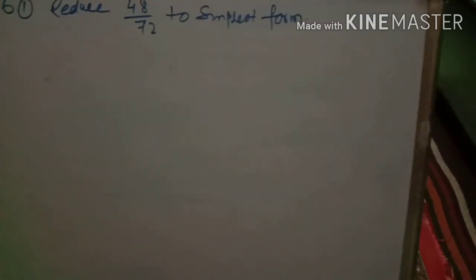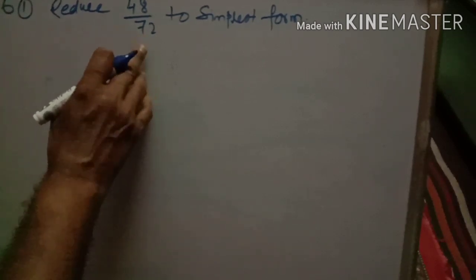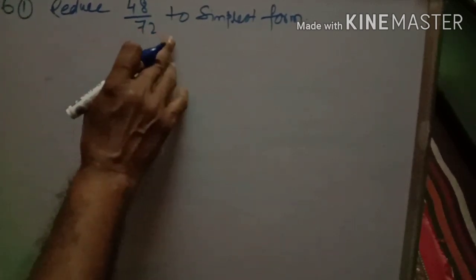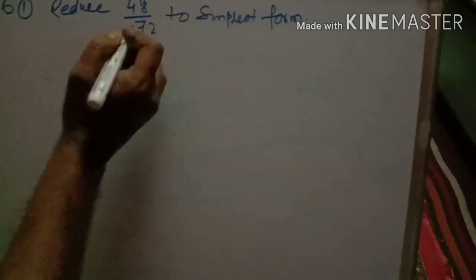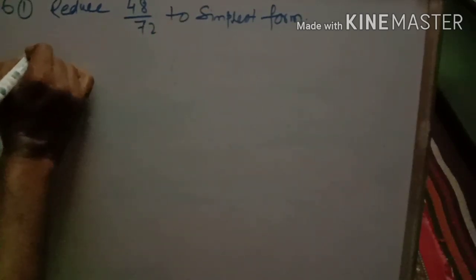Question number 6 first. It is given: reduce 48 by 72 to simplest form. First of all, we have to take the HCF.